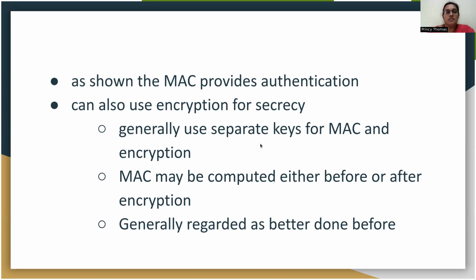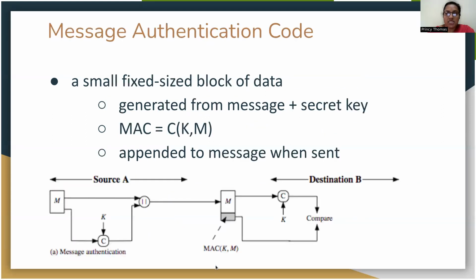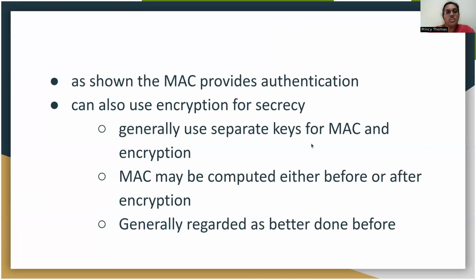Okay. So in general, separate keys are used for this generation, this K, and the encryption key. They will be two different keys, should be two different keys. Okay. The MAC can be computed either before doing the encryption or after doing the encryption.